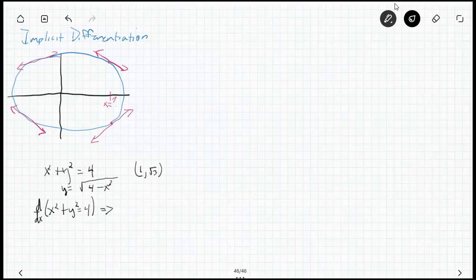What this thing says is, take the derivative of something with respect to x. Remember, this guy right here always tells me what I'm taking the derivative with respect to. So if I take the derivative of x squared with respect to x, I get 2x. That's easy. Now, here's where I get into trouble. If I take the derivative of y squared with respect to x, well, I can't do that.